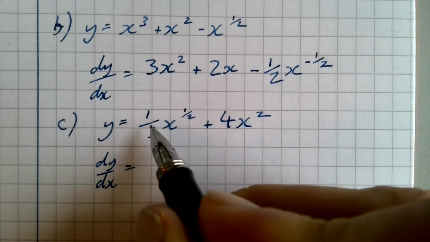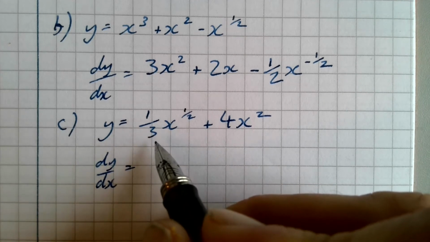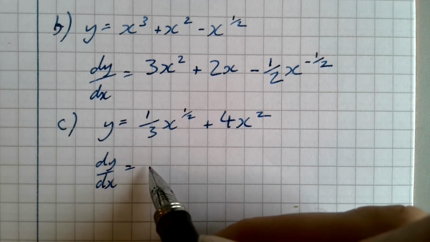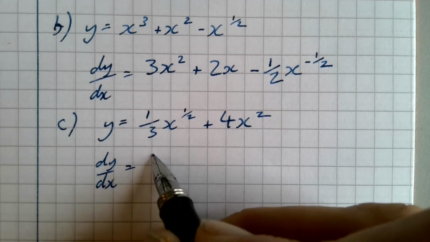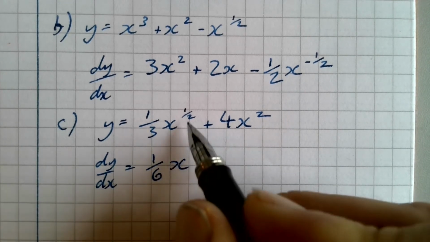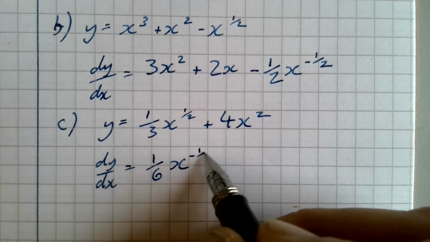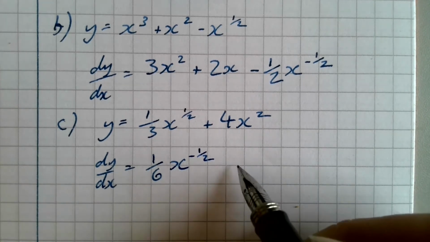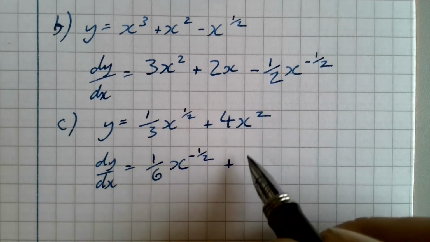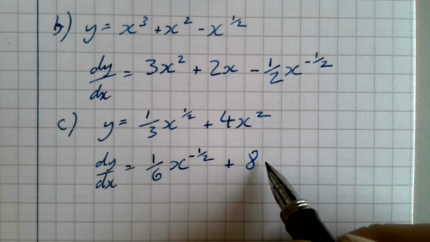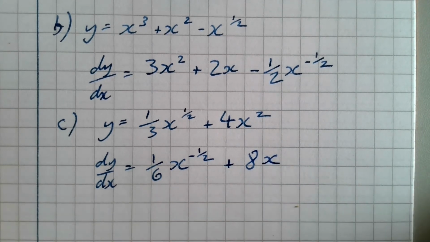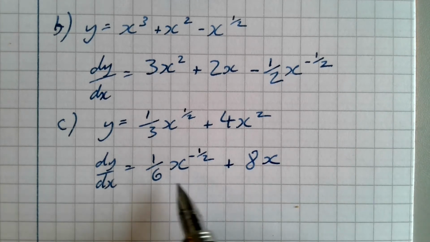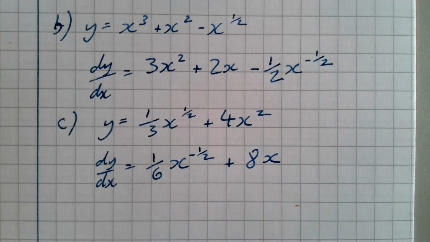When I multiply 1/3 by a half, I'm going to get 1/6, so that gives me 1/6. My power becomes negative a half, and on the other one, 2 times 4 is 8, and then we've got our 8x, and we can leave it in that form. That's all we need to do.